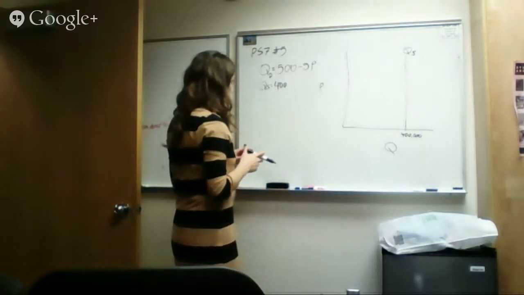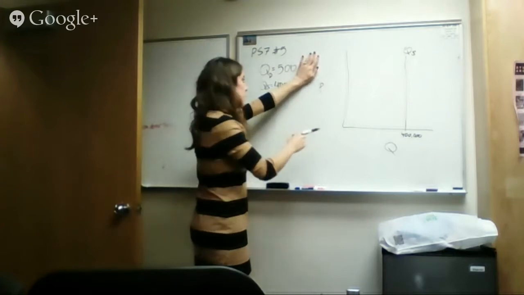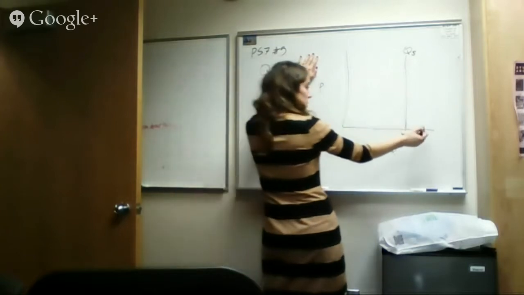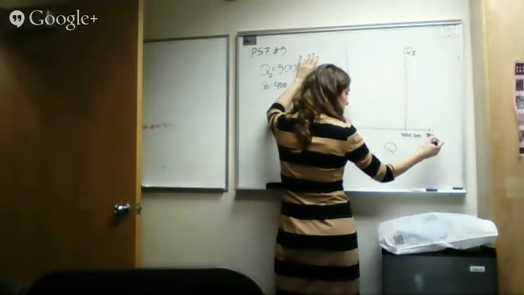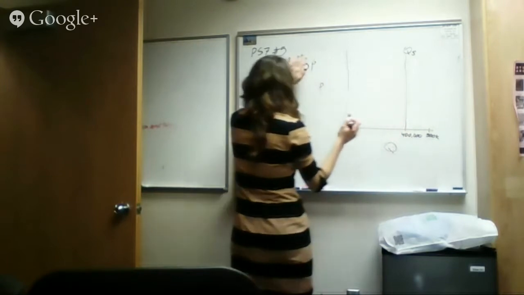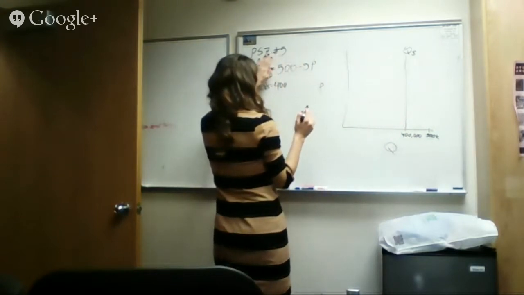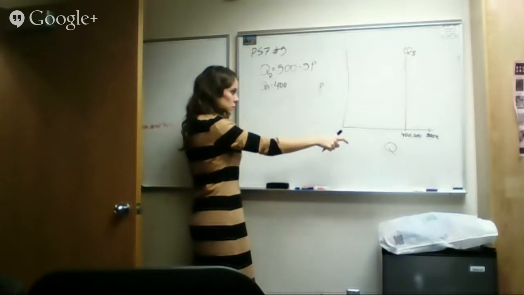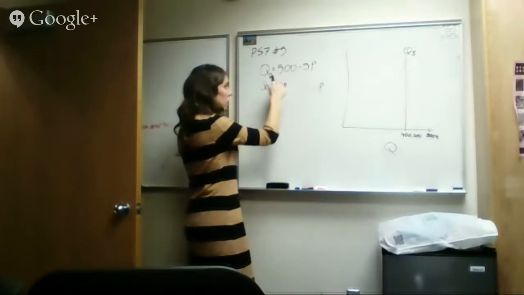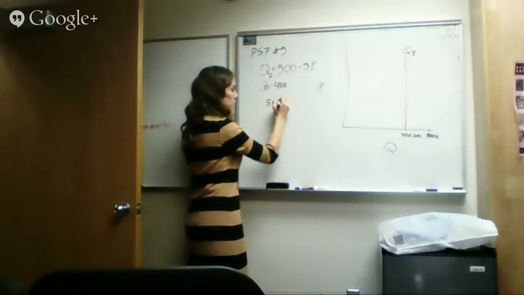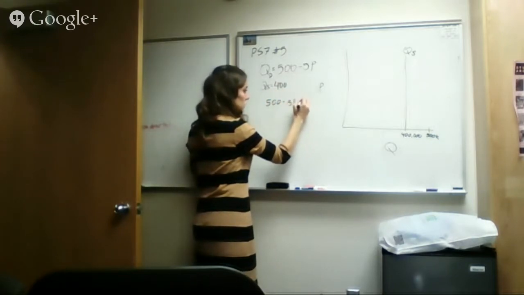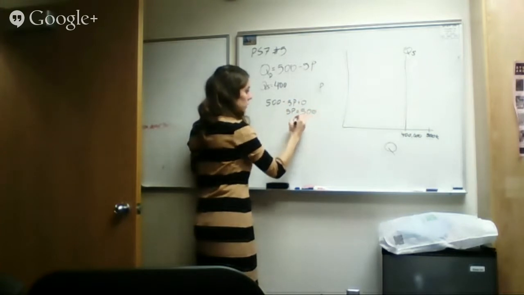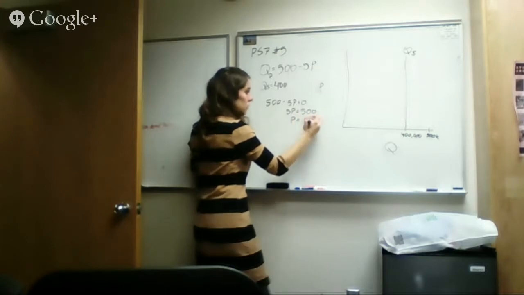Quantity demanded is going to be, when P equals 0, Q is going to be 500,000, and when Q equals 0, it's going to be 500 minus 5P equals 0, so 5P equals 500, or P equals 100.